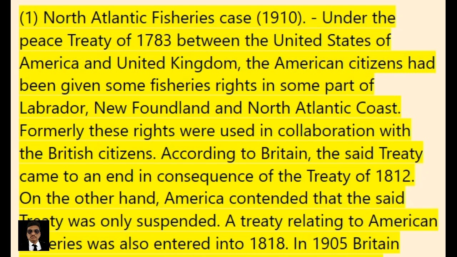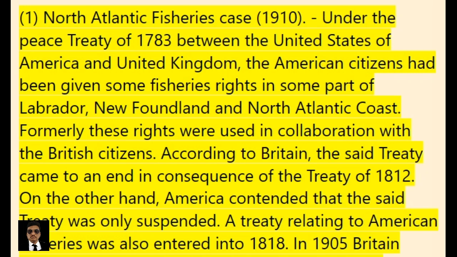Formerly these rights were used in collaboration with the British citizens. According to Britain, the said treaty came to an end in consequence of the Treaty of 1812. On the other hand, America contended that the said treaty was only suspended.